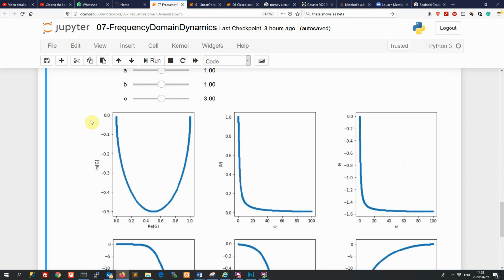So the point is here somewhere. And so we can see for the first order lag, there's no way for us to get closer to this point, right? As we increase our frequency, we get closer and closer to this point, but it's not as if this is going to expand in any way to touch the -1, 0 point.